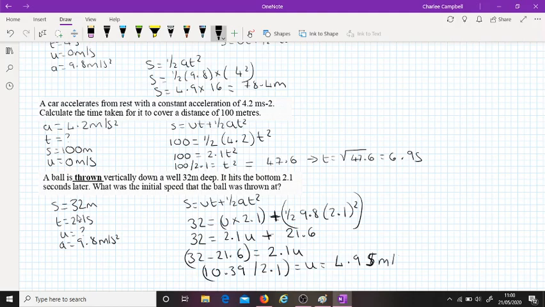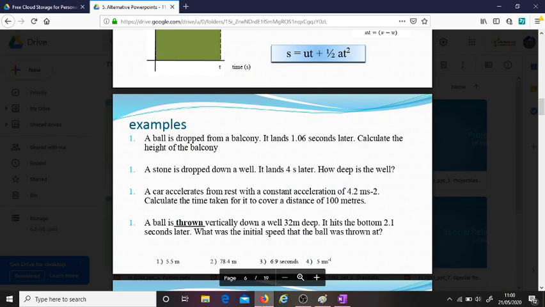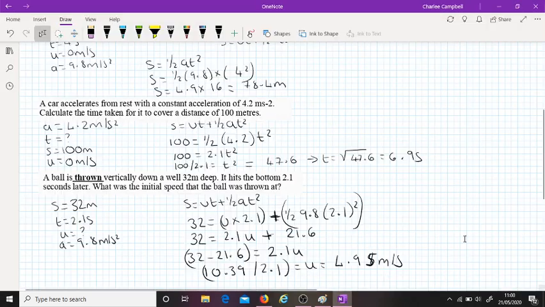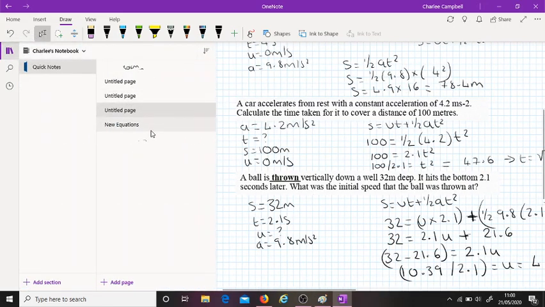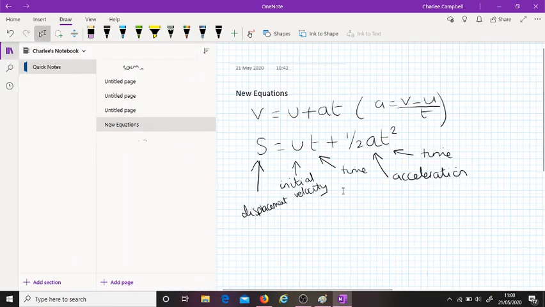Oh yeah, meters per second. And if we go back to the answer, it's just rounded it up to 5. That's fine, you can do that. So U equals 5 meters per second. So that is how you use this equation here then.